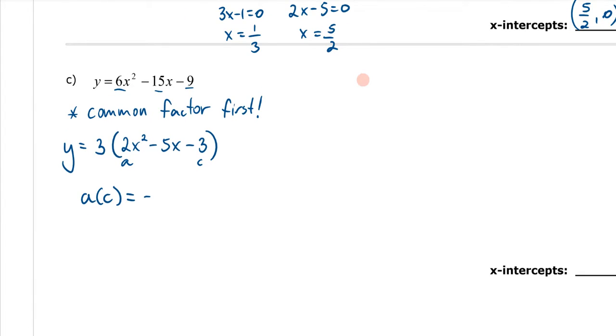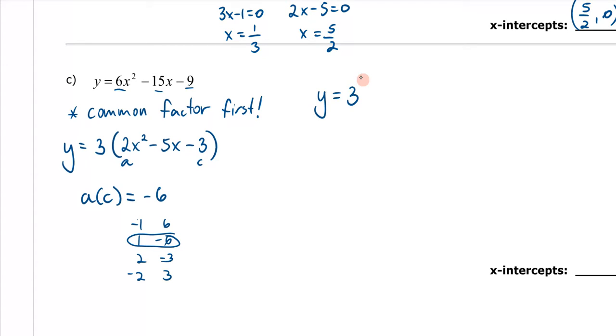So A times C is negative 6. What are my factors of negative 6? Well, I have negative 1 and positive 6, positive 1 and negative 6, 2 and negative 3, and negative 2 and positive 3. And the two numbers I want here are negative 6 and positive 1, because these two add up to negative 5. Okay, so let's write our equation again.